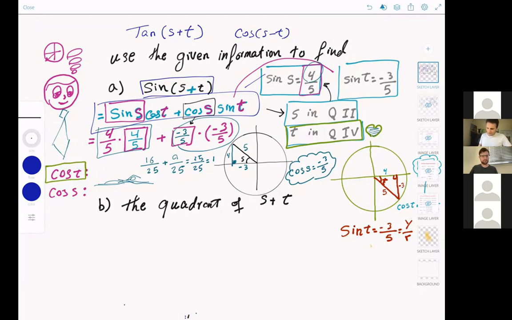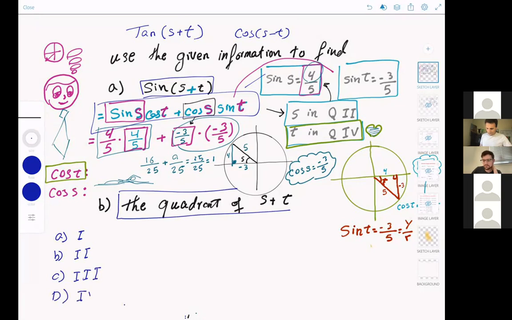What do you think about part B? What is the quadrant of S plus T? Is that A quadrant 1, B quadrant 2, C quadrant 3, D quadrant 4? So S is in quadrant 2, correct? That's what they said. And T is in quadrant 4. That's what we have here.